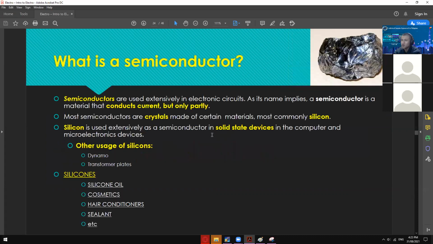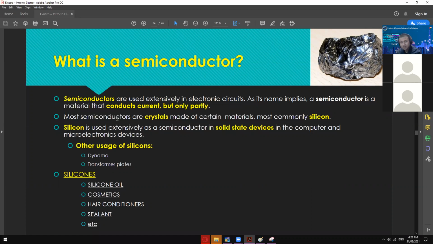So let's now talk about what is a semiconductor. So semiconductors are used extensively in electronic circuits. As its name implies, semiconductor is a material that conducts current, but only partly. Okay, so let's just say that in conductor, okay, it conducts 100%.